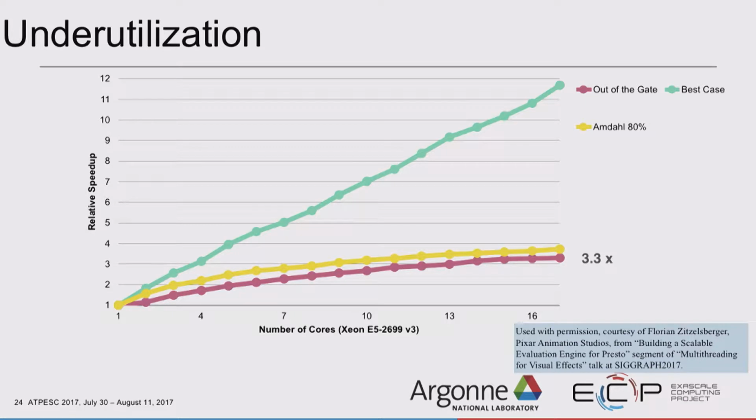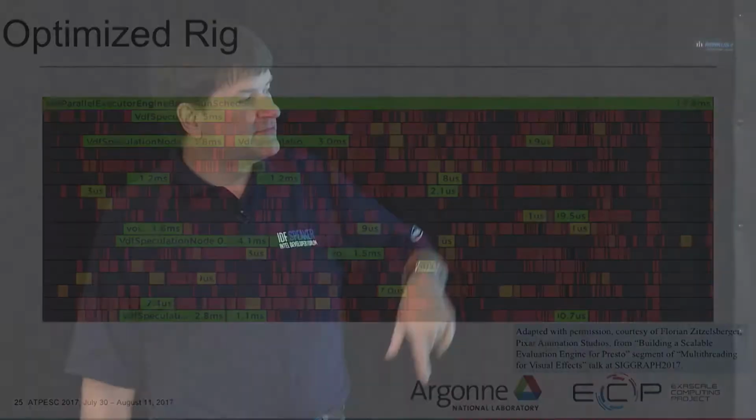And lo and behold, if you were to plot Amdahl's law at 80% efficiency, the application's not doing badly. So this is an example of understanding what you expect out of your program. Suddenly, if our program's only 80% parallel, the results aren't surprising. And we know that our number one issue is probably the level of parallelism, so we need to focus on how we can stamp out these non-parallel parts.